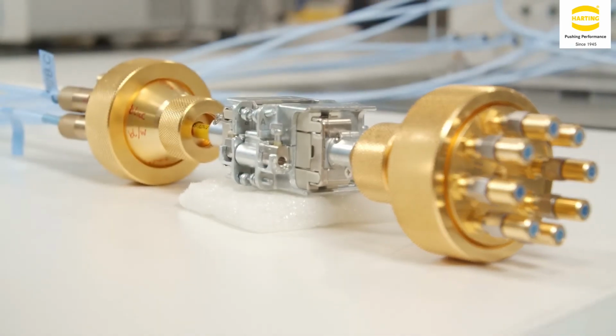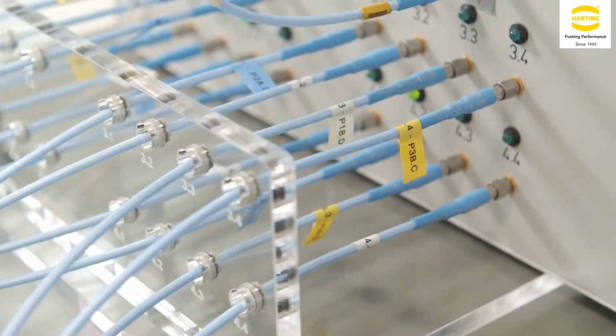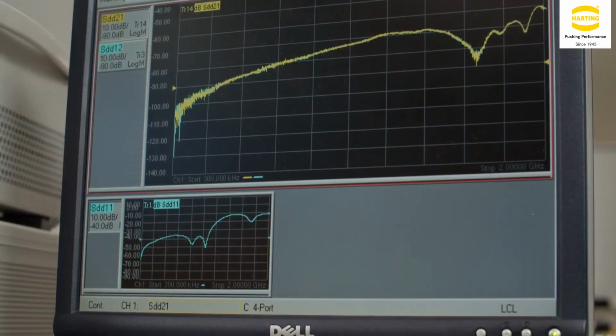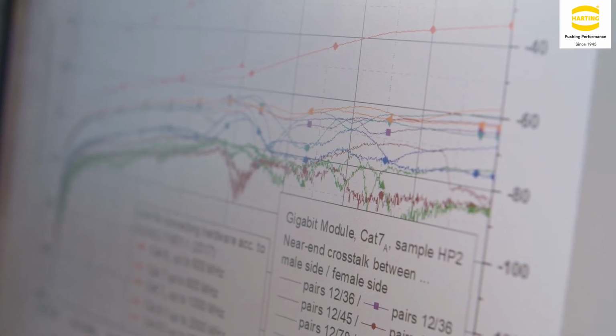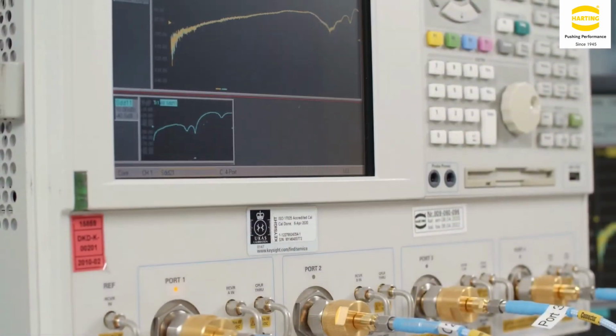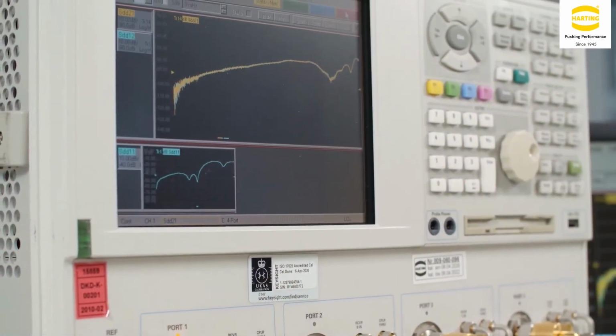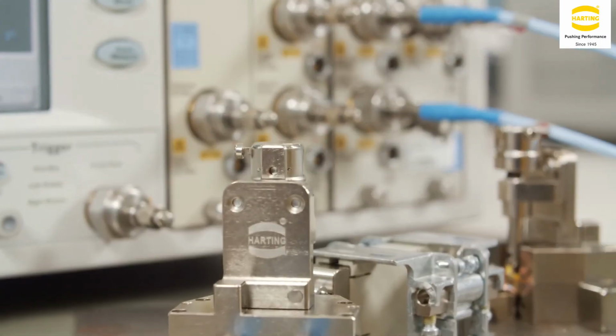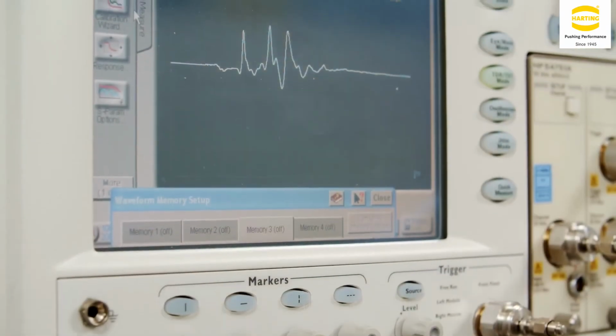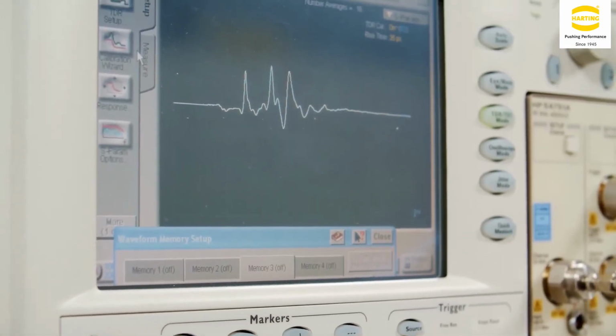So the signal is described with a rectangular shape and also its intensity. And different characteristics are now measured and tested, such as the transfer impedance, the characteristic impedance, but also the signal loss and return loss.